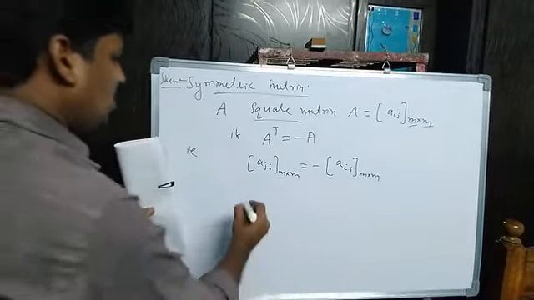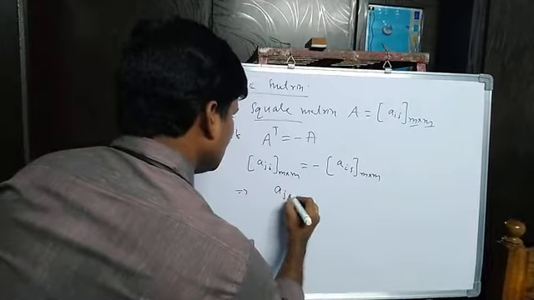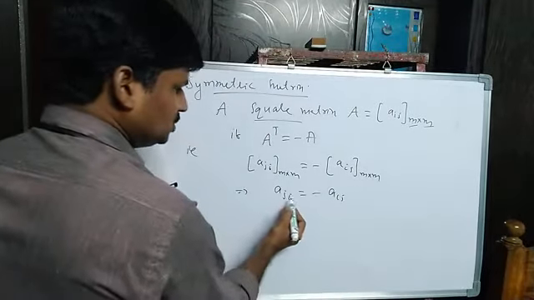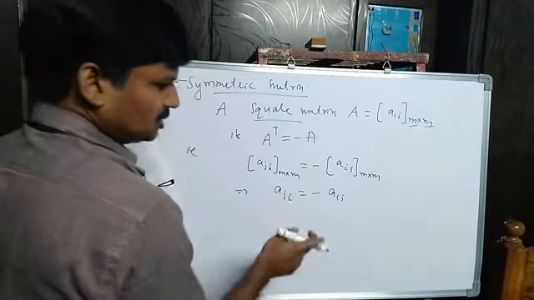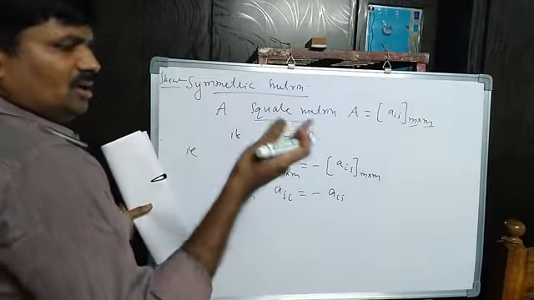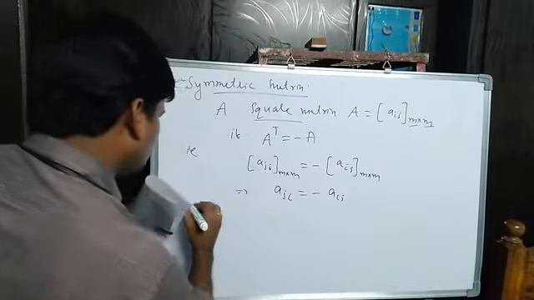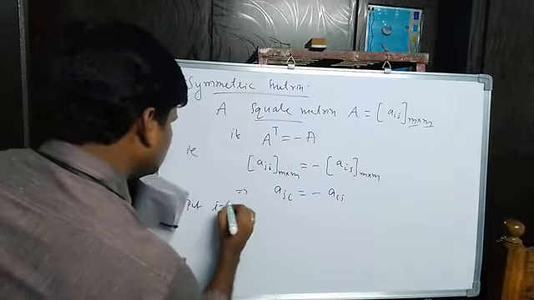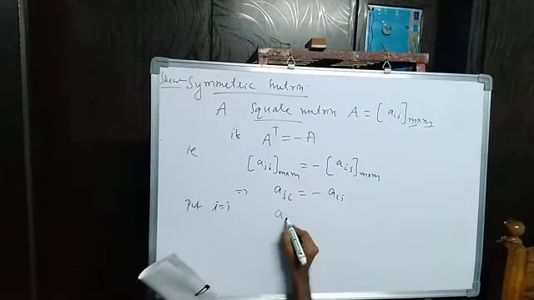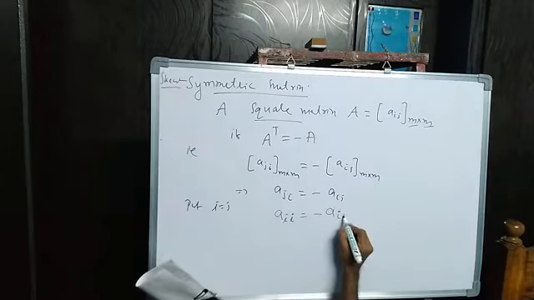Now I am taking the elements equal, that means aji = -aij. Rows and columns are both the same. Suppose rows 3, columns also 3; rows 2, columns also 2. That means i and j are the same. Put i = j. Then in place of j I substitute i: aii = -aii.